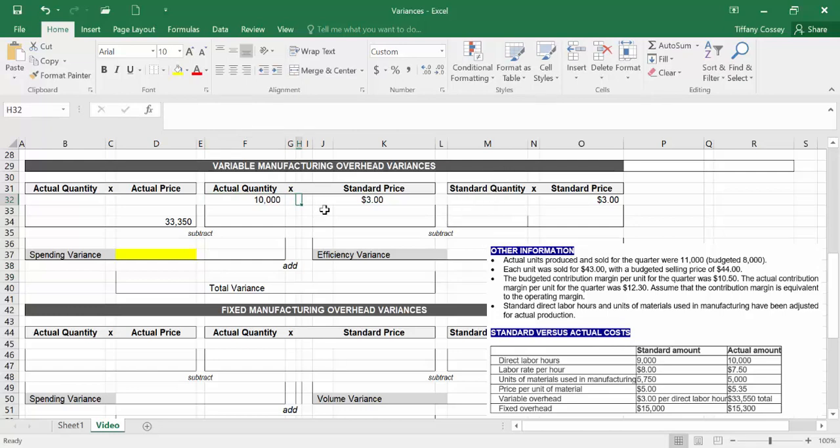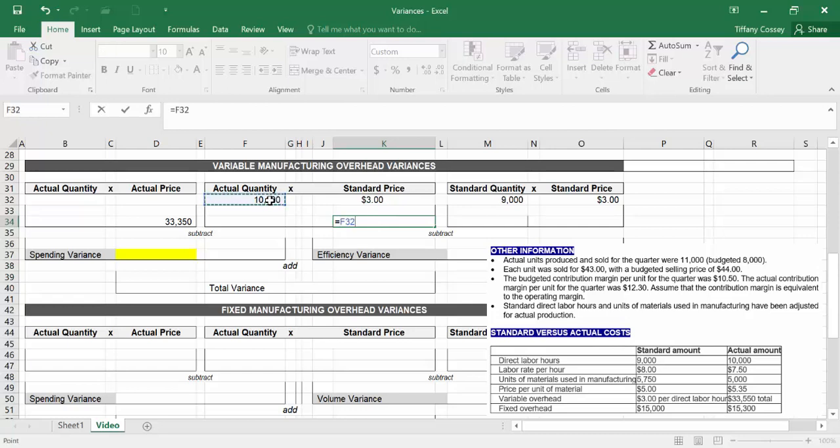And then to finish out the information we need for the third subset, I'm going to go ahead and grab that to finish up my calculation. And the standard quantity would have been the standard amount of hours we thought we were going to use, which would be 9,000. Okay, then we're going to calculate each subset.